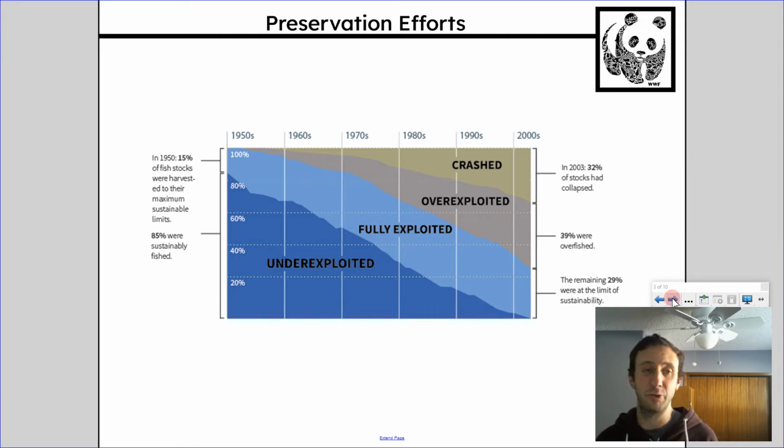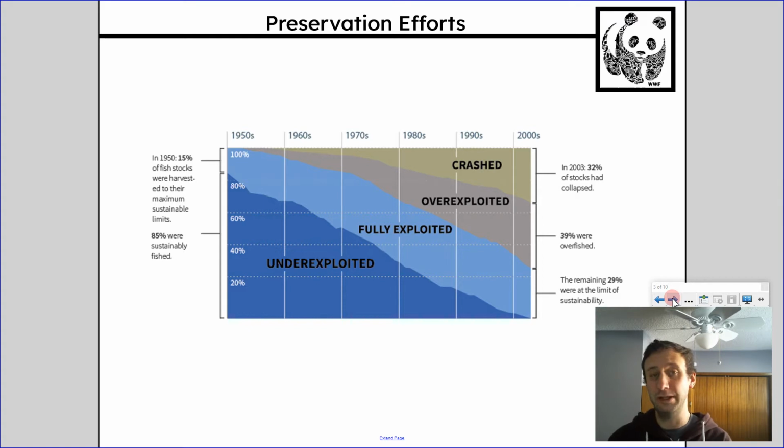And when we talk about crashed stocks, I'm going to assume that essentially the writing is on the wall and things are going downhill for whatever is left of that species at that time. It's no longer at a level where it's probably going to be able to survive as it stands right now if things continue. That would be the crashed category. As time went on, you can see that at the beginning, 85% of things were sustainably fished.